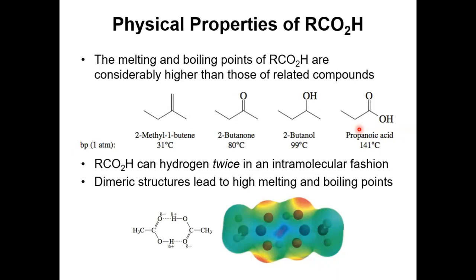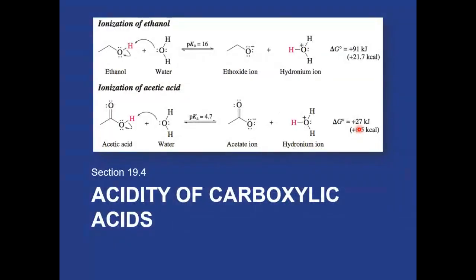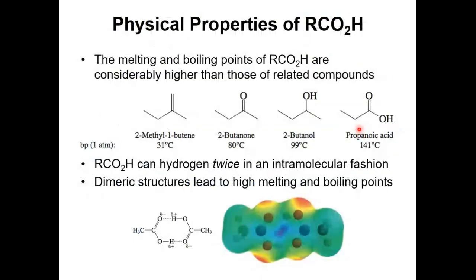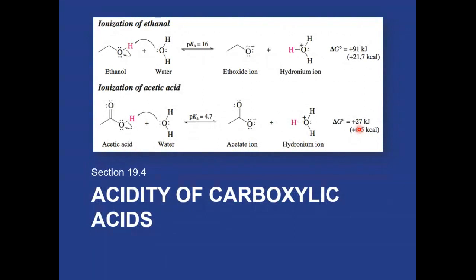The molecular weight effect is doubled because of this. That's why the boiling point is so much higher. Carboxylic acids usually have reasonable water solubility because they can form hydrogen bonds with water.